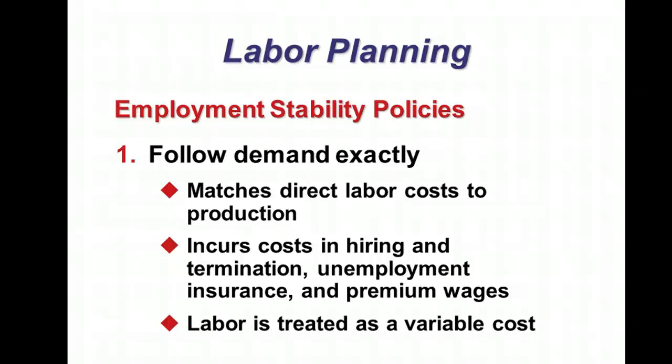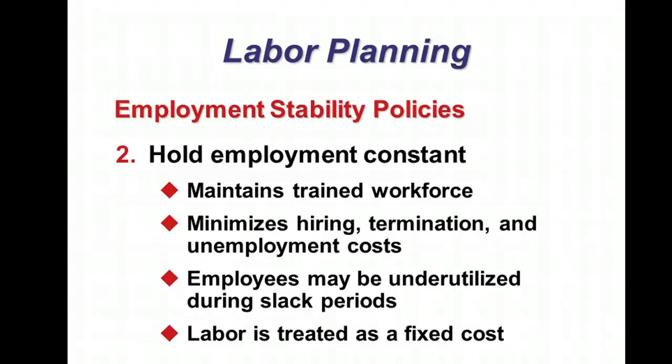So labor is treated as a variable cost in this sense. It's great from an accounting standpoint. It matches everything up perfectly, but I don't think it's very realistic that you can do it. Hold employment constant, so it maintains a trained workforce and minimizes the hiring, the training, all that kind of stuff. Labor is treated as a fixed cost. Again, is this any better? Yeah, you're going to have happier, more stable employees, but your company's not going to be very agile and certainly not very efficient.